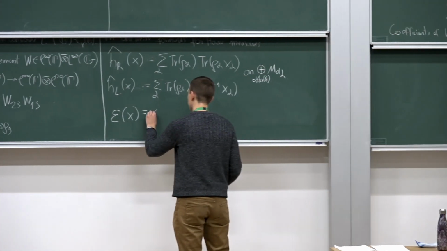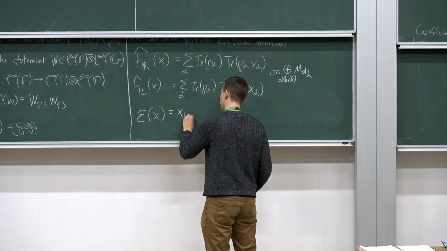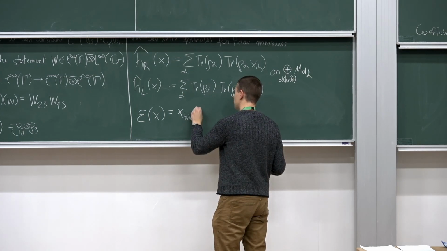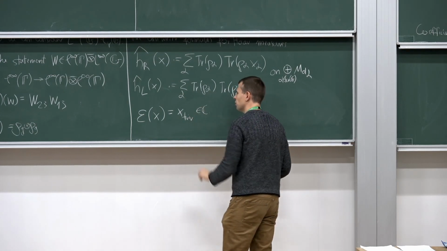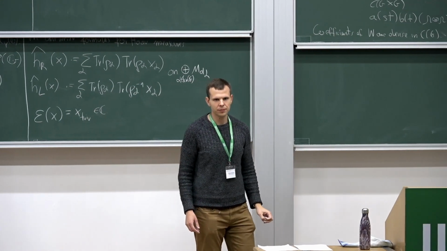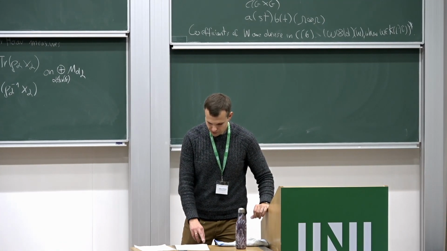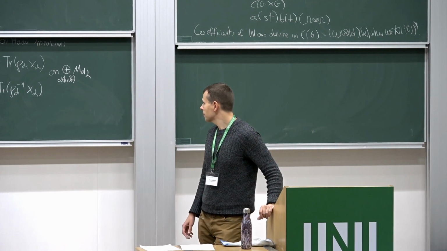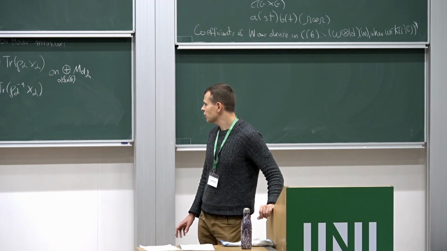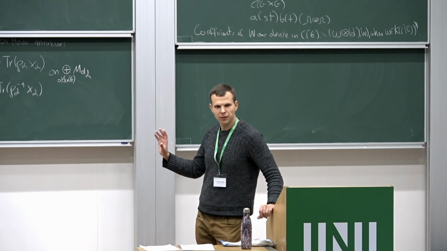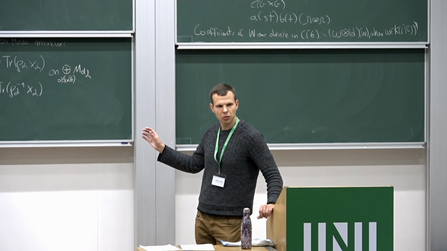So this is x triv. So this is one-dimensional representation, so this is an actual number, right? This will be the co-unit. Okay, so yeah, there is a way to define a quantum group structure on this dual object.